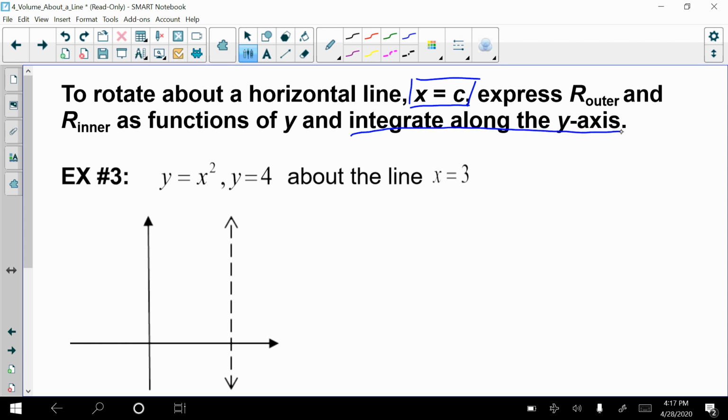Now this is going to cause us to make sure that we pay attention to a couple of things. Because we're going to be integrating along the y-axis, essentially we need to take our functions and solve them in terms of x.